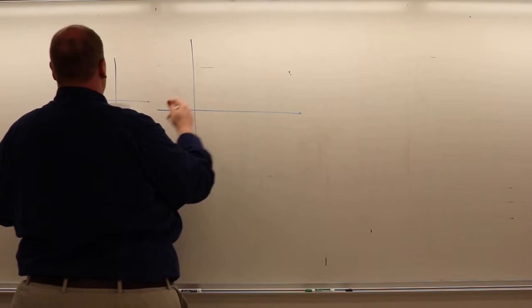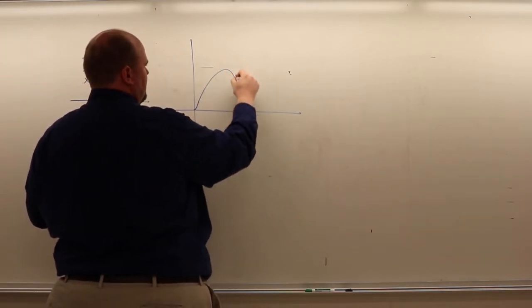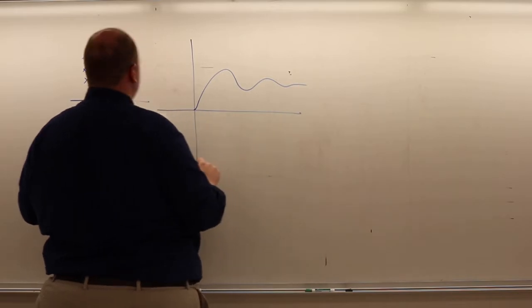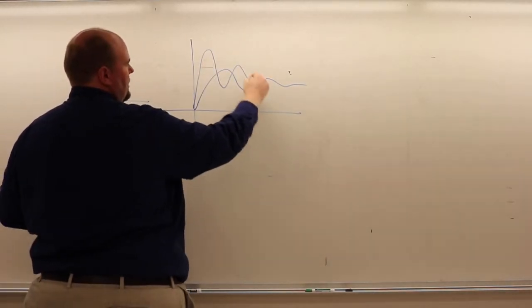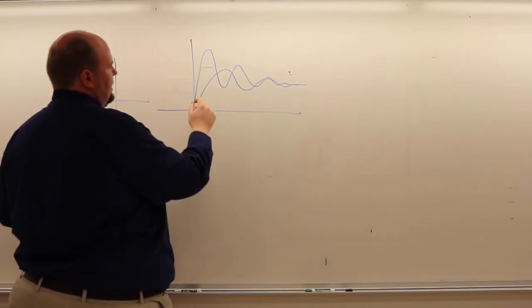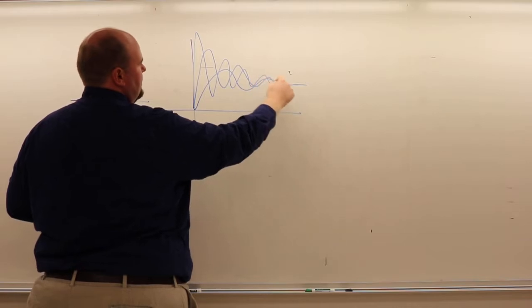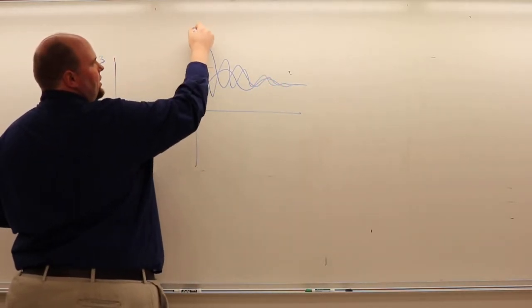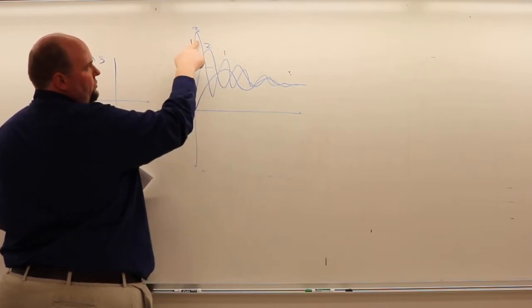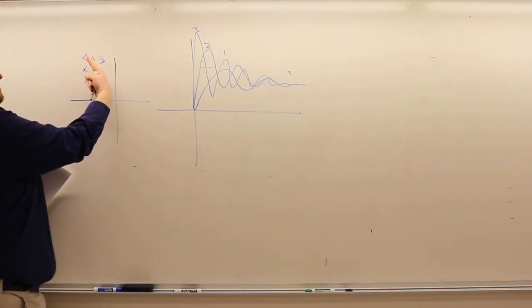So this first response here might look something like this. The second response here might look something like this. This last response here might look something like this. So this response 3, 2, 1. 3 has a greater percent overshoot.